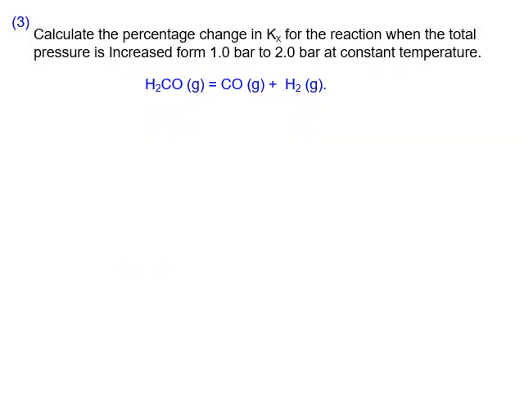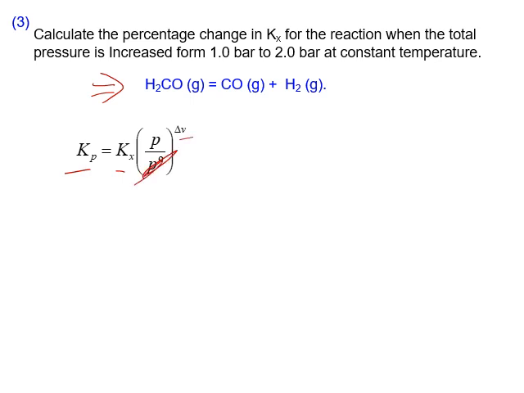Question number 3. Calculate the percent change in Kx for the following reaction when the total pressure is increased from 1 bar to 2 bar at a constant temperature. The pressure dependence of a chemical reaction has this equation: Kp, the equilibrium constant in terms of pressure, is Kx times P to the delta v power.